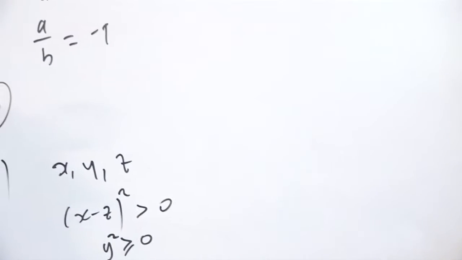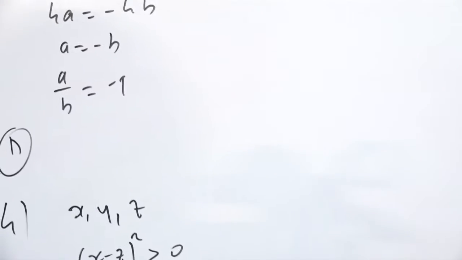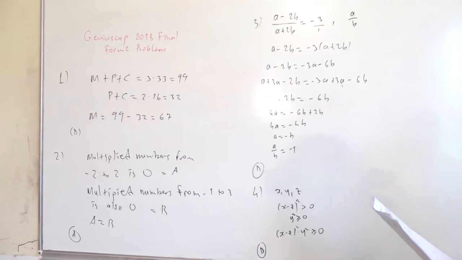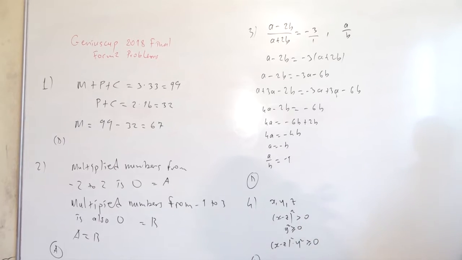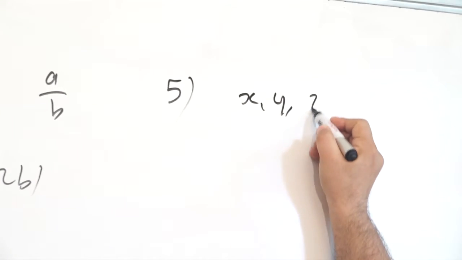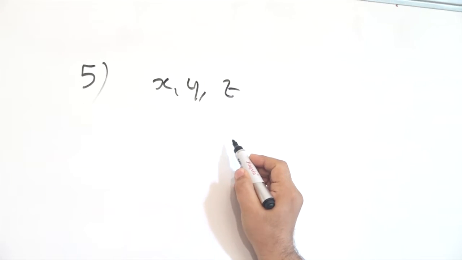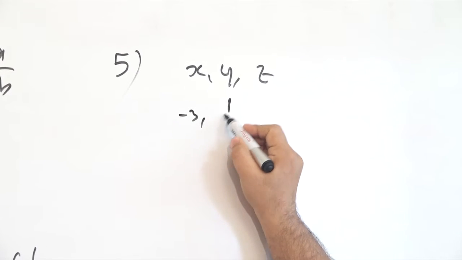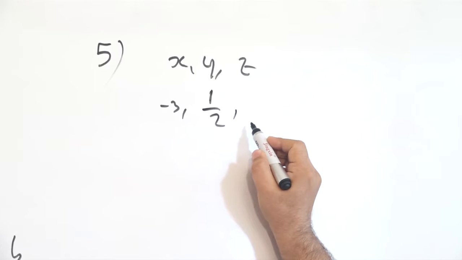If we come to question 5, in question 5, x, y, z are chosen from three numbers. We have x, y, and z. And we have the numbers -3, 1/2, and 2.